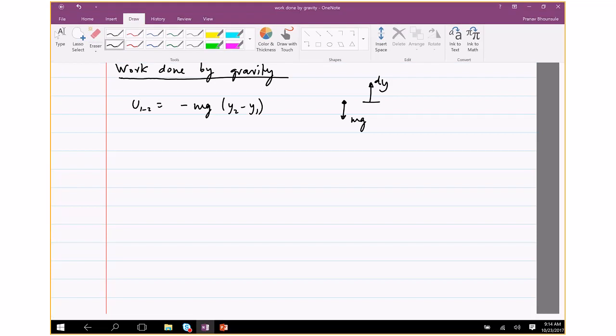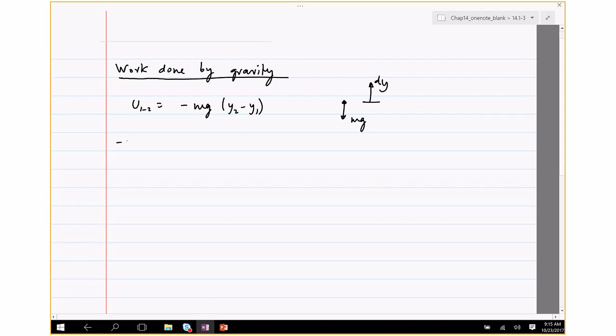Force times displacement, but the sign convention is that U12 is negative if dy is upwards and U12 is positive if dy is downwards.